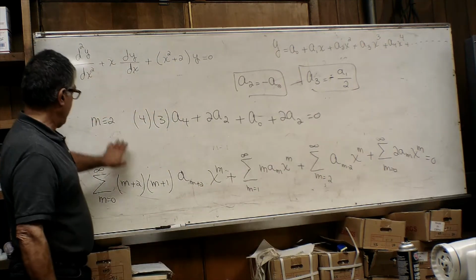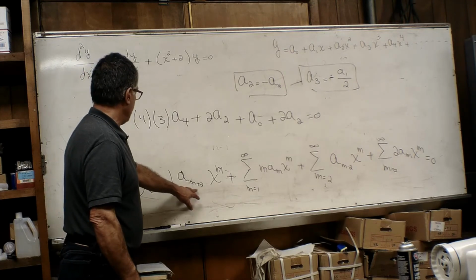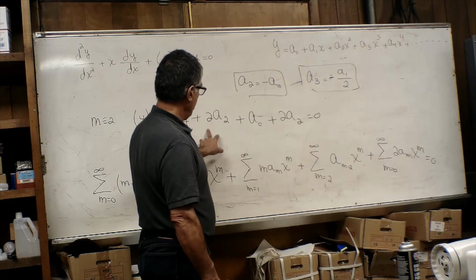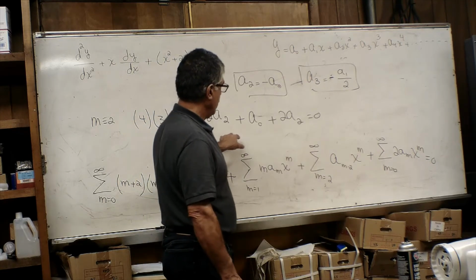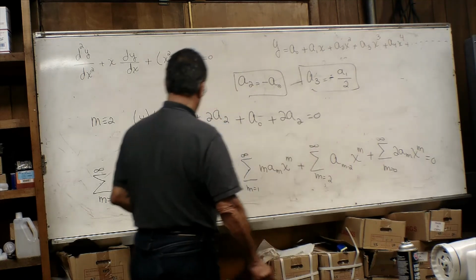So we have 4 times 3, a4, plus 2a2, plus a0, plus 2a2 equal to 0.